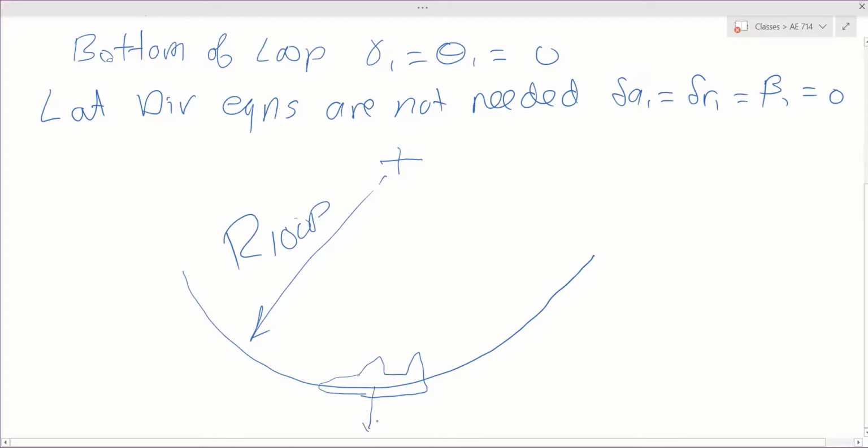We have weight acting downward. Notice I've drawn lift bigger than the weight. That's because the lift provides not only the weight, but the centrally acting force that causes the circular motion. So lift is greater than the weight, and we're analyzing at this bottom of the loop.